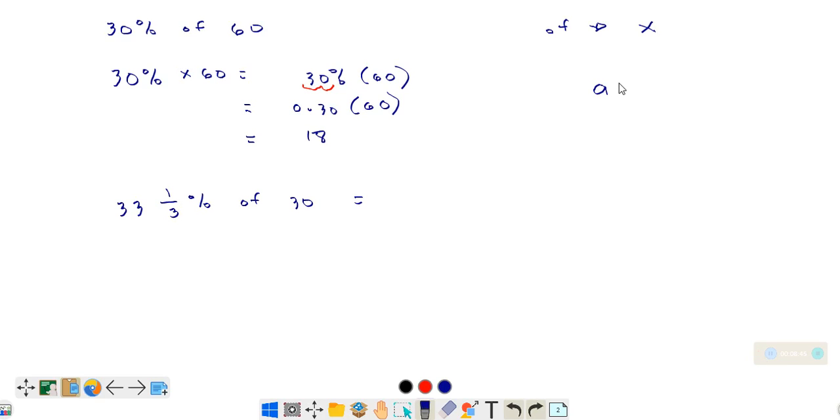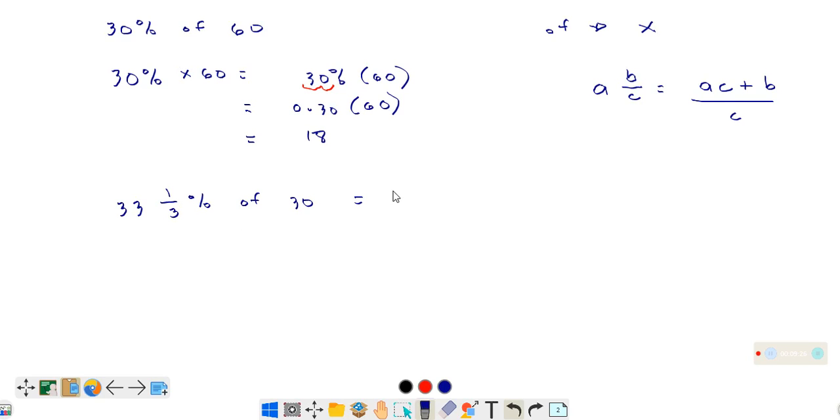So, saan siya galing? So, when we are converting mixed fractions to decimals, ano yung to, improper fractions o kaya decimals, ito yung ginagawa natin. A, yung whole number, and then yung attached na fraction sa kanya is B over C. So, what we do is we multiply A times C, tapos we add B. Okay?